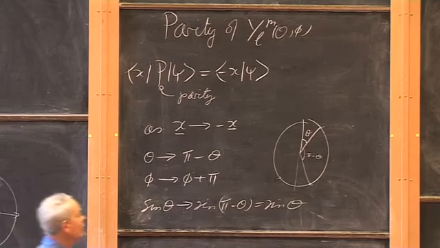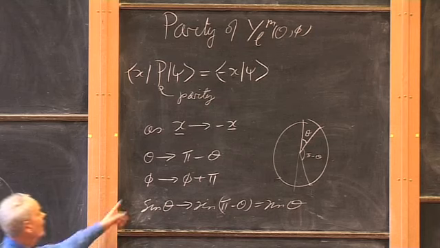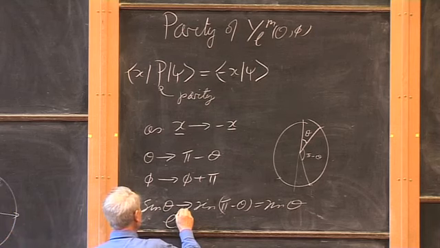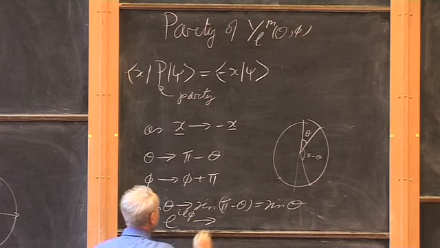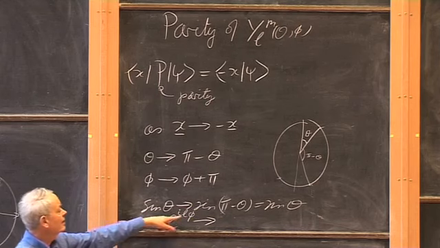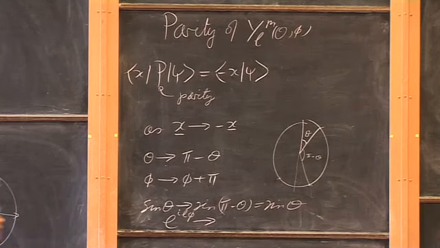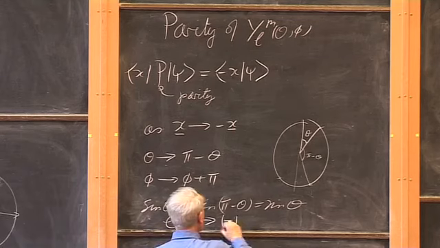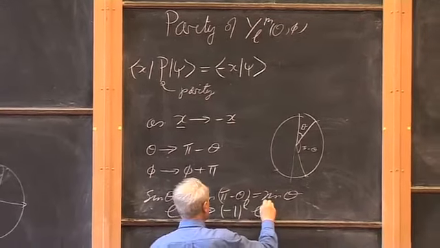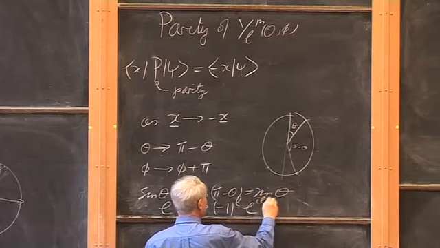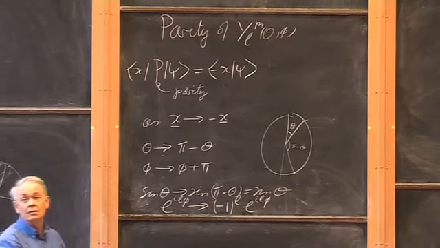So sine theta doesn't change, and e to the i L phi, what happens if you add pi to phi? Well, you're getting an extra factor, e to the i L pi, which is minus 1 to the L, times e to the i L phi. Is that right?